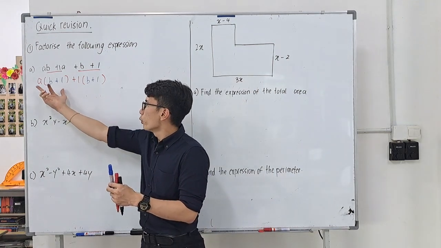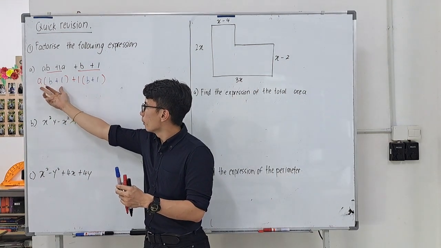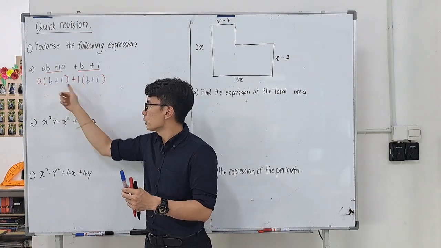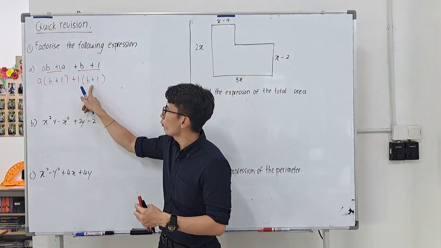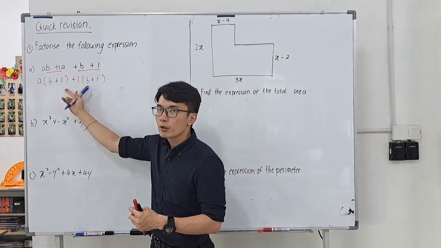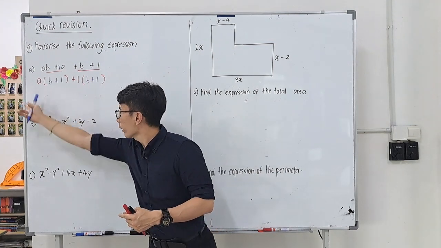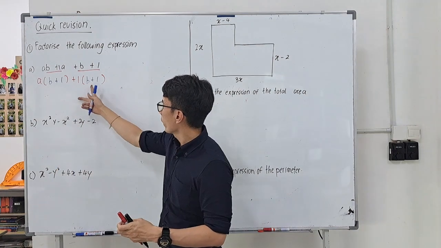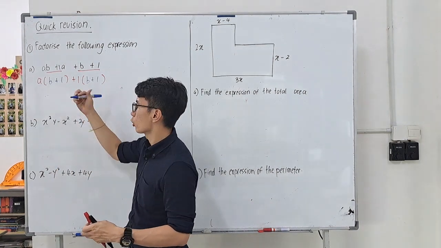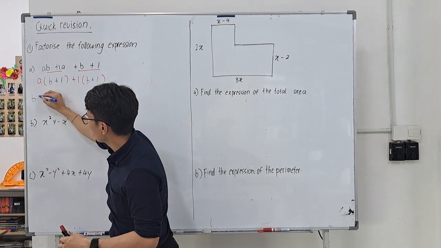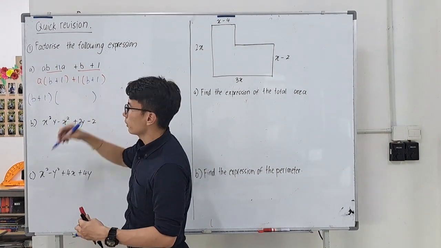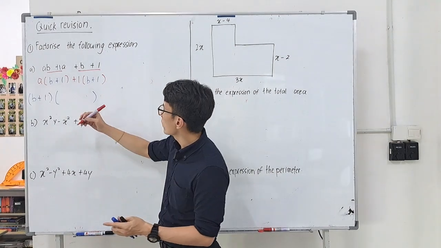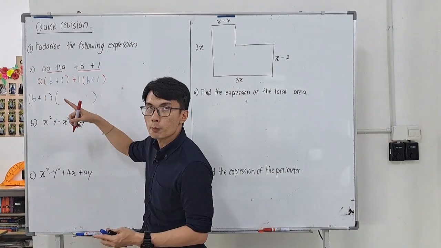Why? Because we have this part and this part in its factorized form, and if you notice, there is a common factor now. So if there's a common factor, I can factorize this further, correct? So I can take out B plus 1 as a common factor. If I take that out, what's left in my bracket is this and this combined.